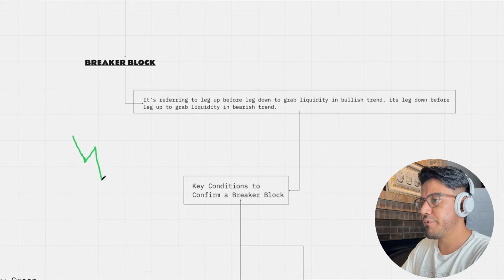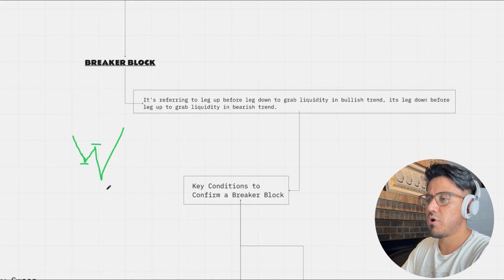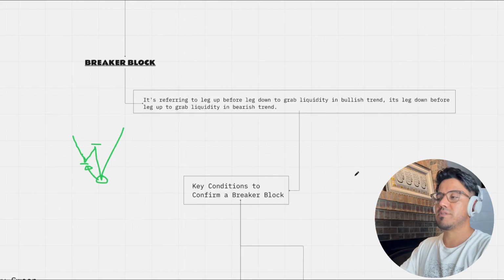From this point to this point, it is called the breaker block. This lower low grabs the previous low's liquidity. That is in the bullish sense.